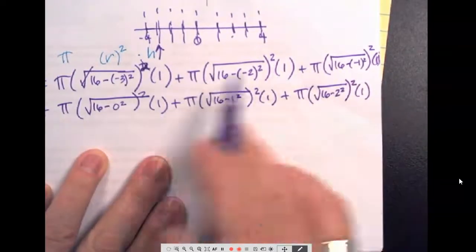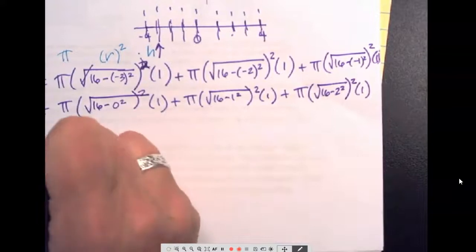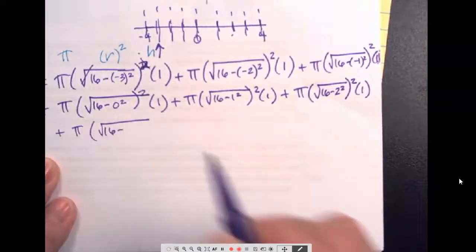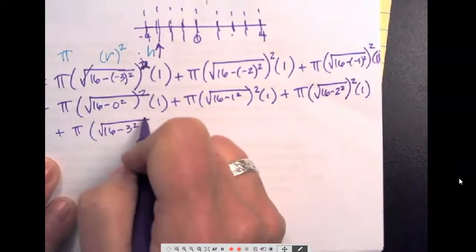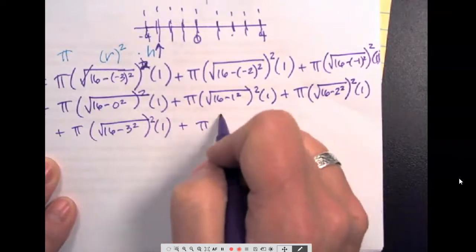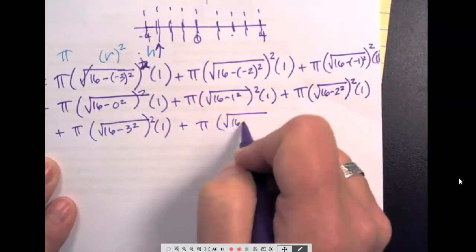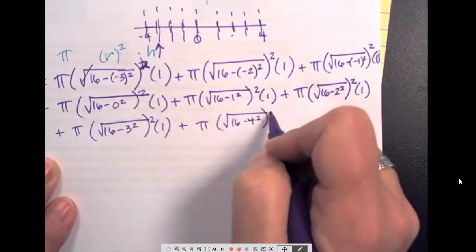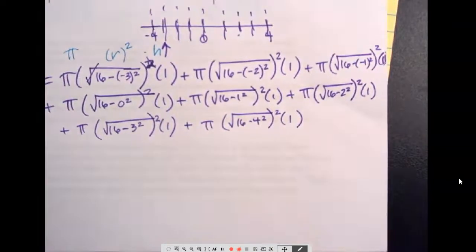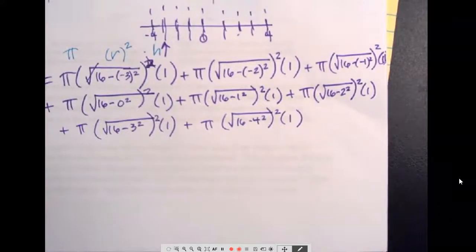That's 1, 2, 3, 4, 5, 6. Here's 7. 3 squared. And the last one, 16 minus 4 squared. Okay, so that should give us 8 different cylinders that we're taking the volume of and adding them up.